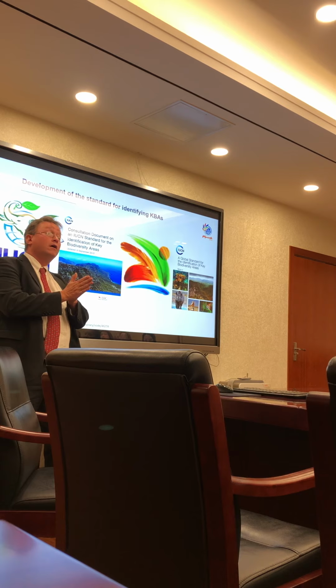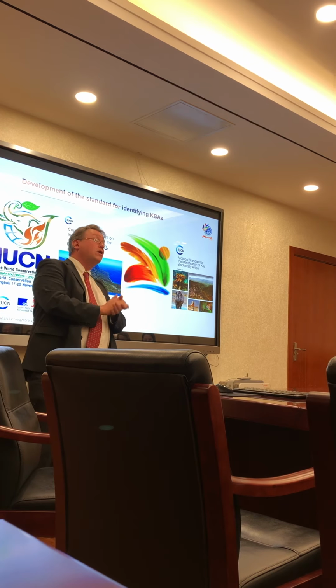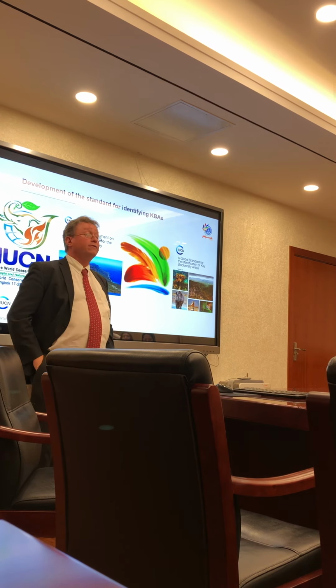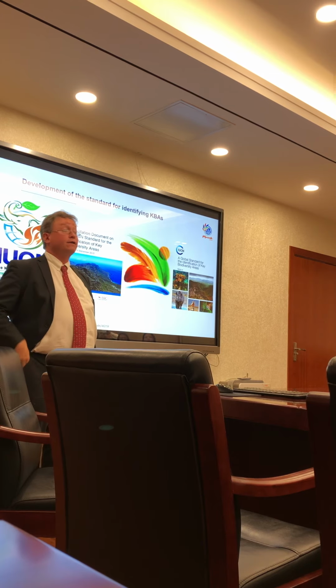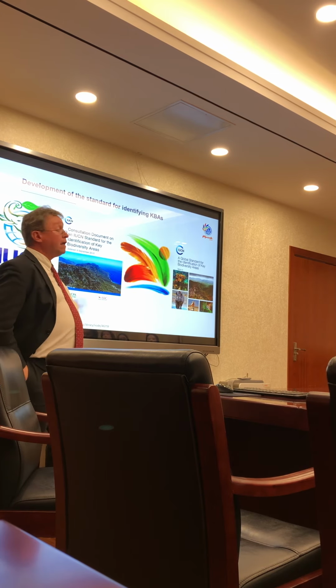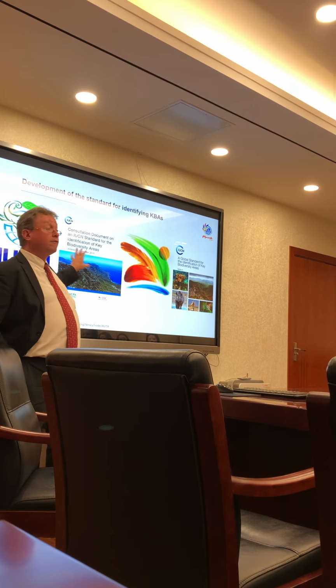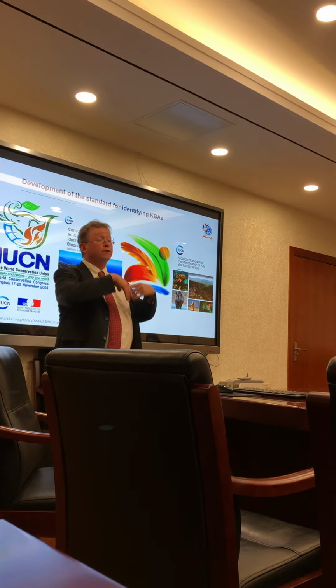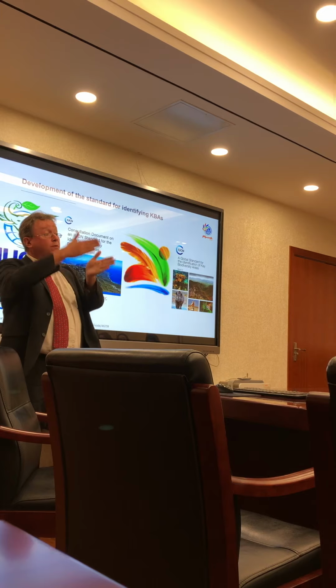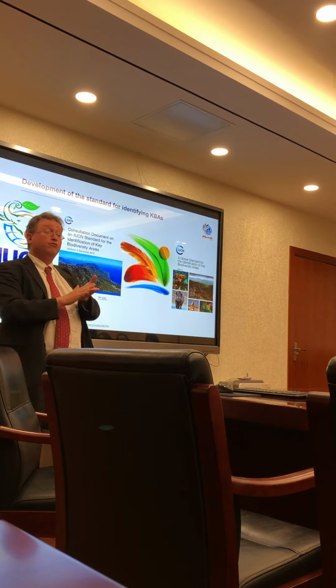And I believe there's an effort underway at the moment to translate the standard into Chinese and to publish it in Chinese. And you hear a repeated theme here of the importance of the IUCN World Conservation Congresses as a venue, as a platform, as a stopping point in these processes.